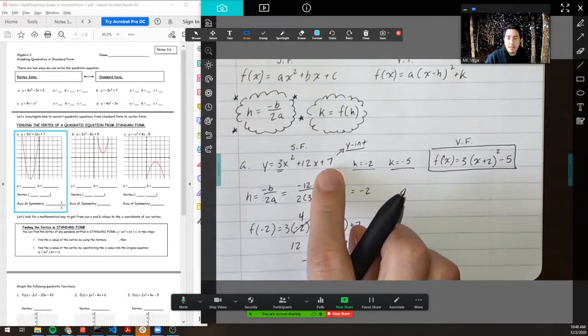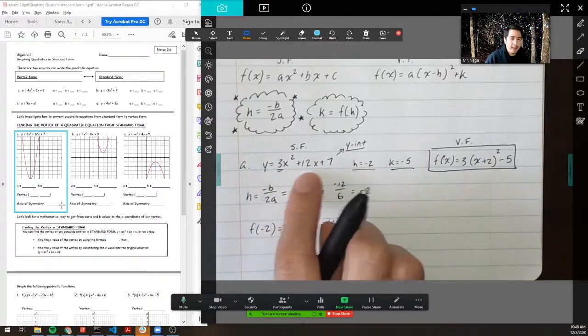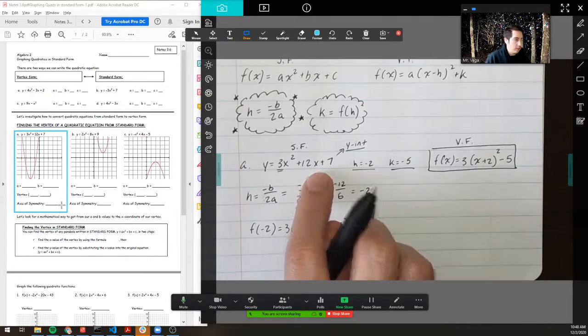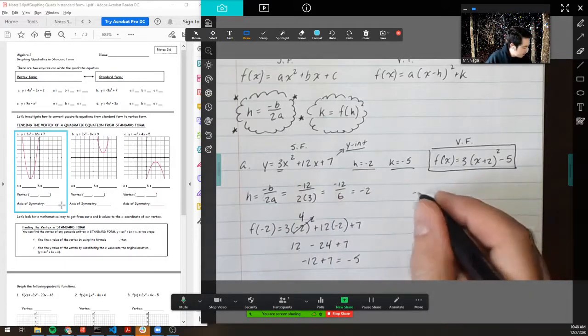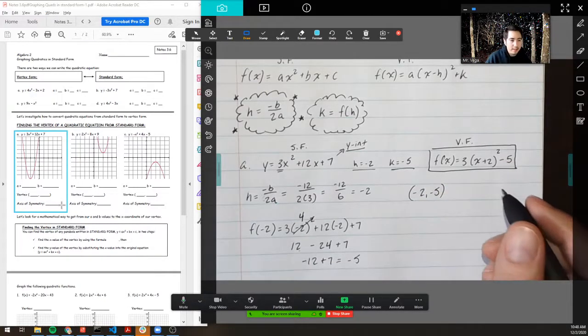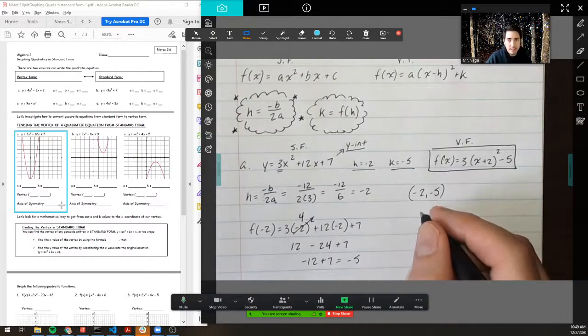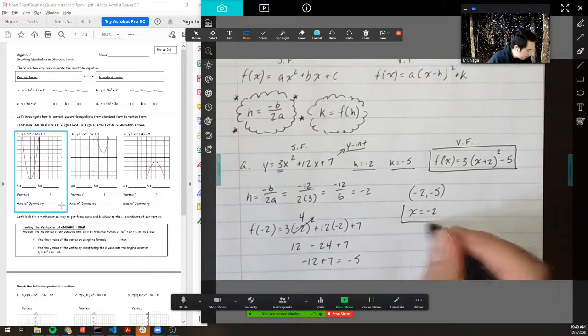I know the y-intercept is positive 7, but you can't tell that immediately from standard form. So there are some advantages here. The vertex in this case is at negative 2, negative 5, which you can tell pretty easily if you graph it. The axis of symmetry is always x equals h, so x equals negative 2.